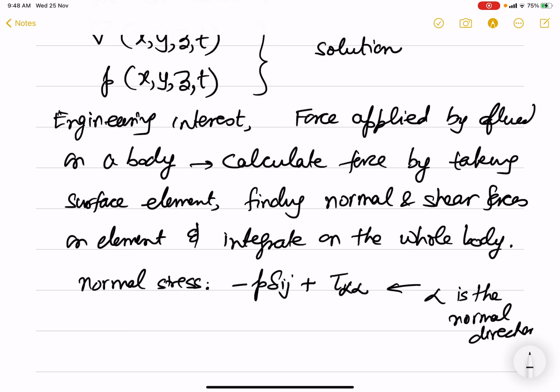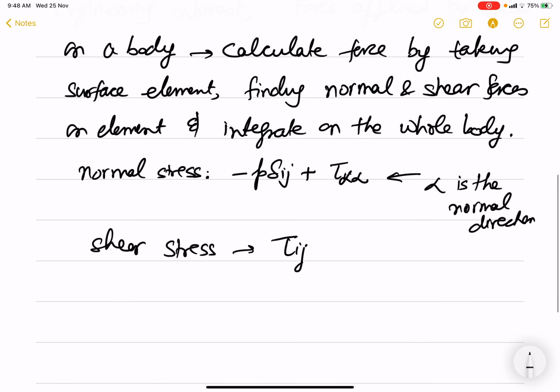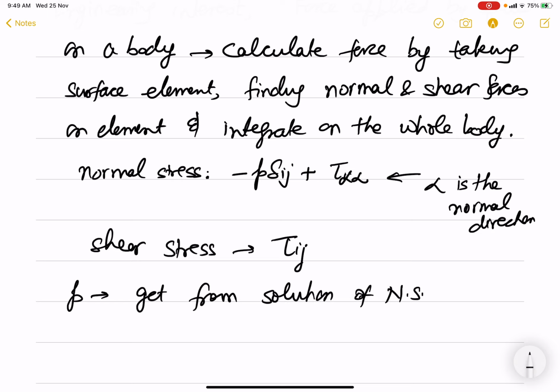So you have to add these, and shear stresses would be tau ij. And so pressure we will get from the solution of the Navier-Stokes equations.